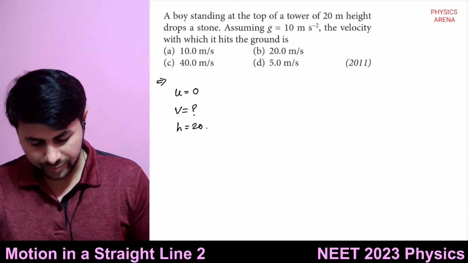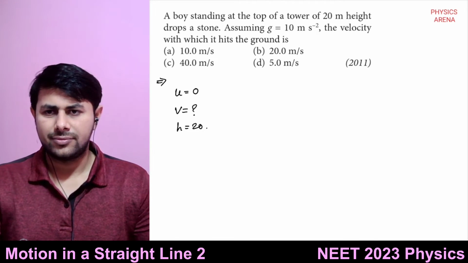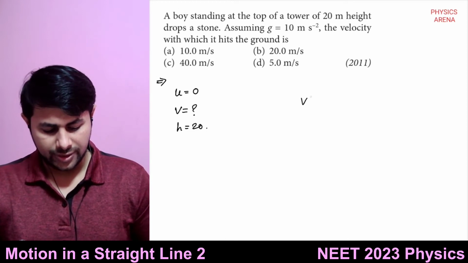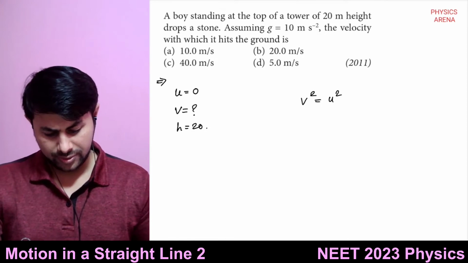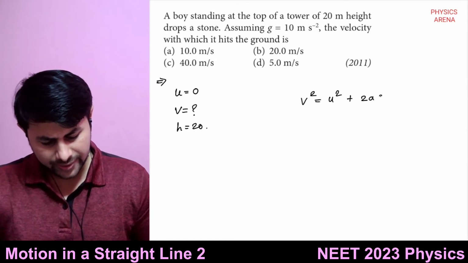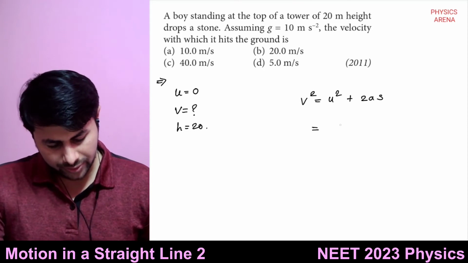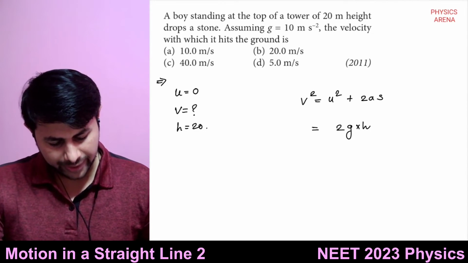Tell me the kinematic equation. Which one? v square is equal to u square plus 2as. And I want velocity only, and u is 0, so it is 2 times g multiplied by h.